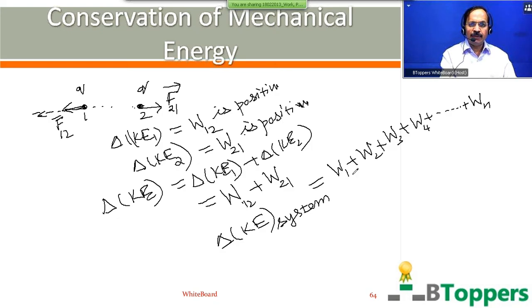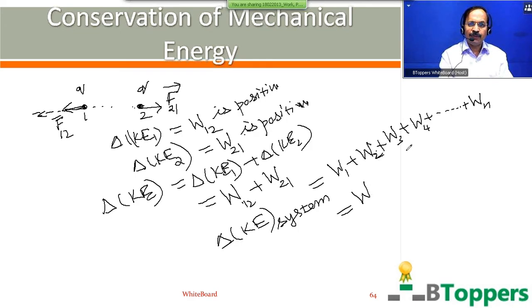The internal forces may be conservative in some cases, and sometimes some of the forces on the system, some of the external forces or internal forces, may be non-conservative forces. So, in general, the change in the kinetic energy of a system of particles is equal to the total work done by all the forces, including internal and external forces, on the system.